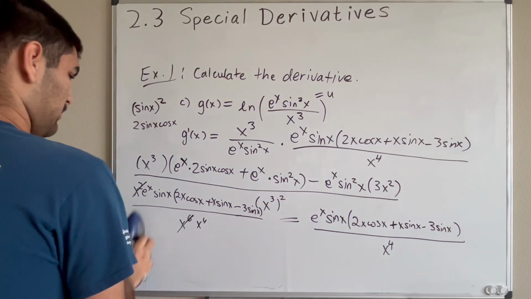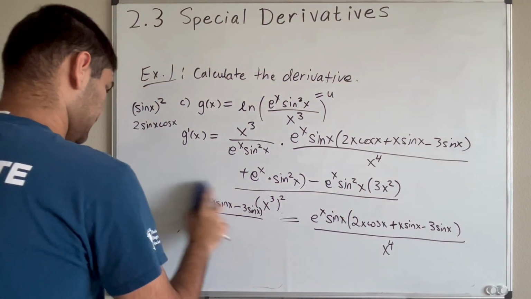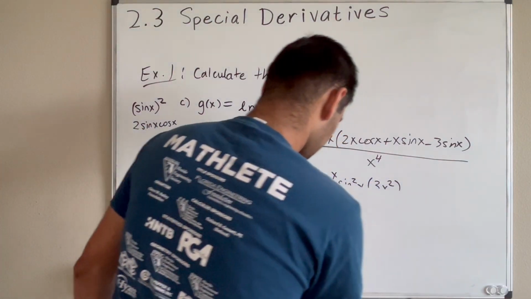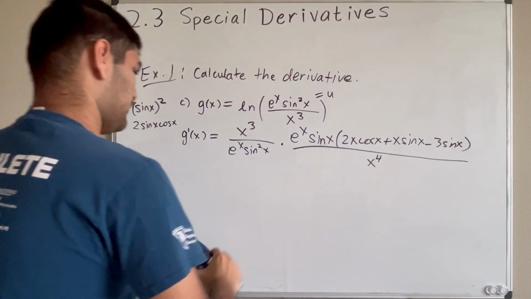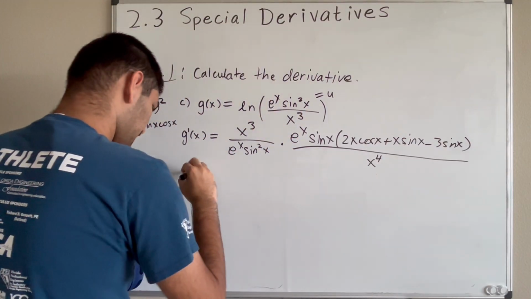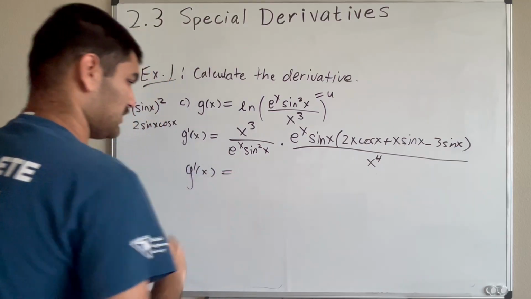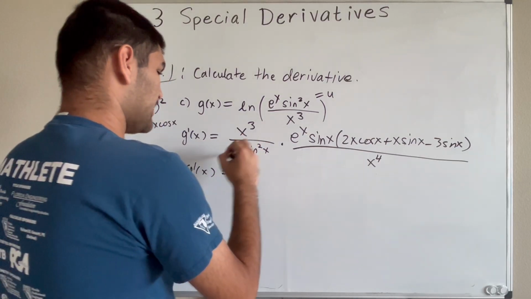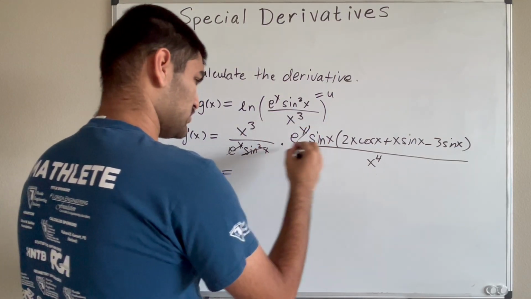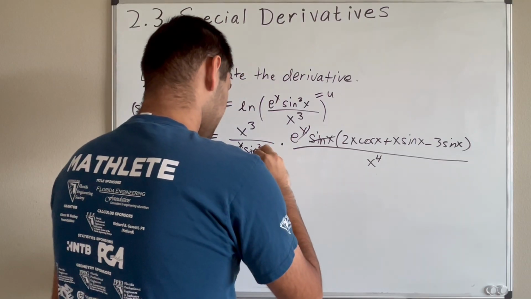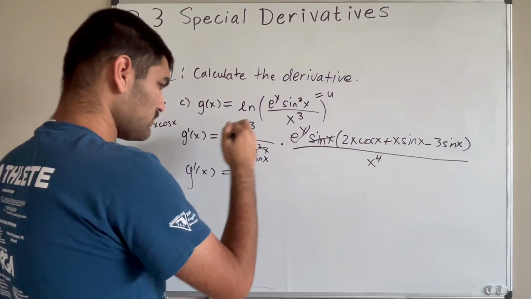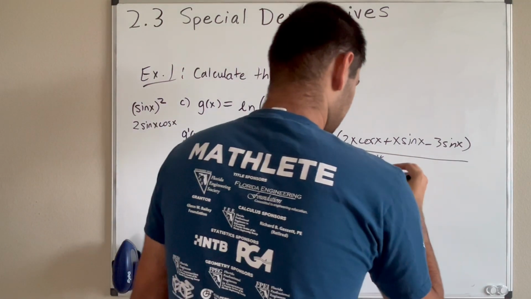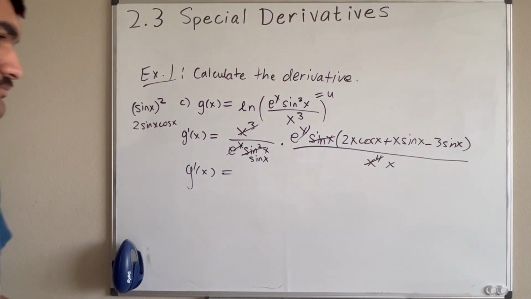Alright, so I'm going to get rid of all this. This is just some side work. And so now notice, we have g prime of x equals, alright, so e to the x cancels with e to the x, and then sine squared cancels with this sine, and we're just left with a sine x in the bottom over here. And then we have x cubed cancel with x to the fourth and just leaves an x.